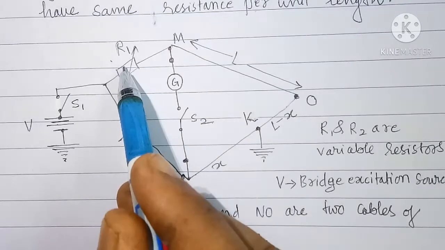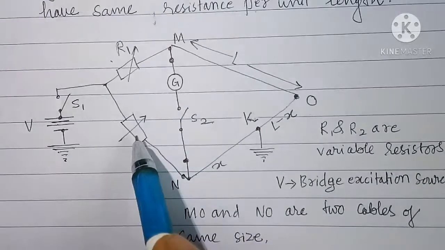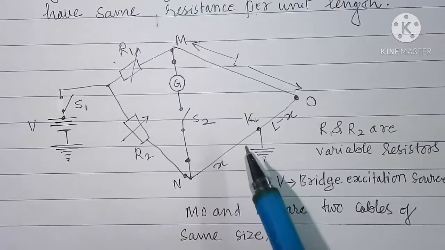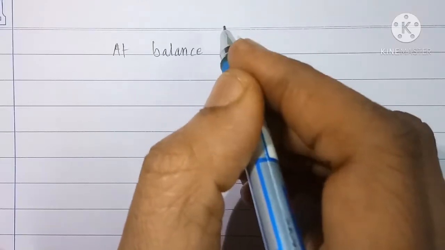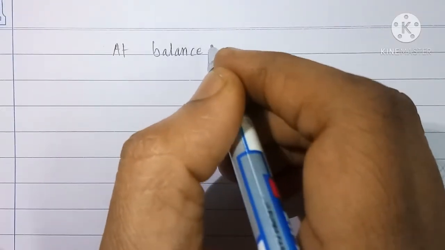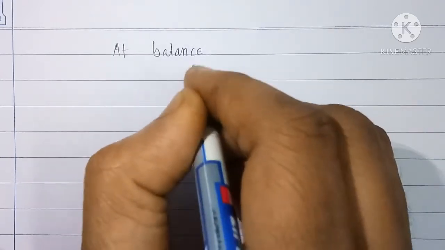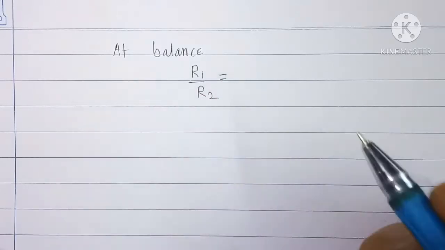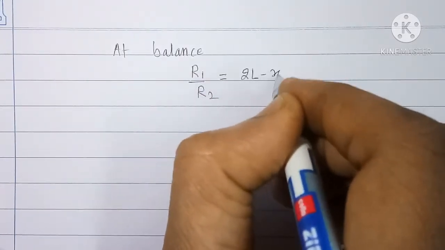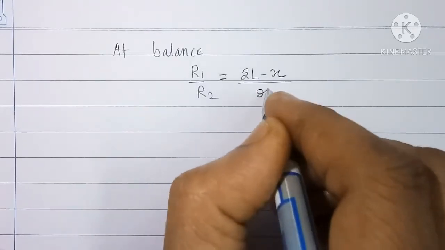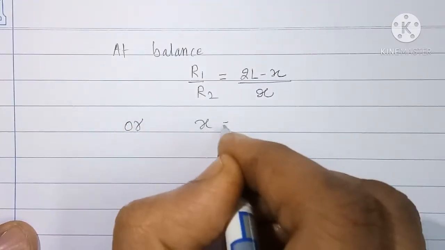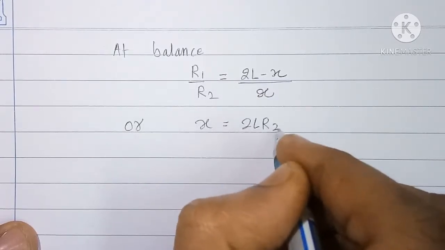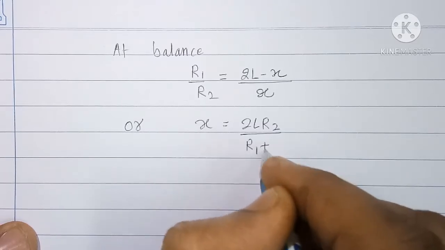Now, if we balance the bridge using R1 and R2, then at balance we will have R1 by R2 equal to 2L minus X upon X, or simplifying for X, we will have 2L R2 by R1 plus R2.